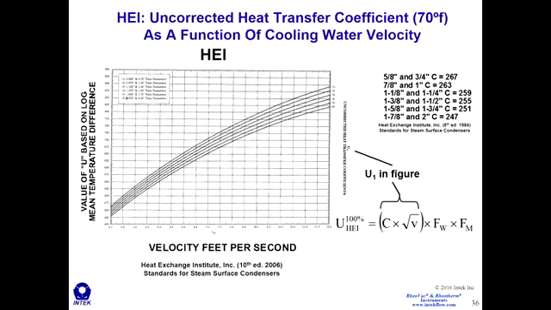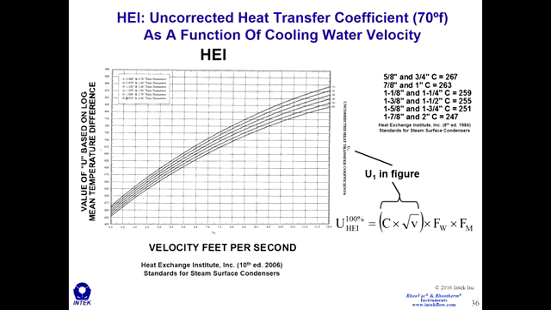So let's talk about each one of these factors in the HEI heat transfer coefficient. The first one deals with the convective heat transfer in the cooling water. The faster the water goes, the better that convection is, and the higher the heat transfer coefficient you get. So this is the U based on the velocity.